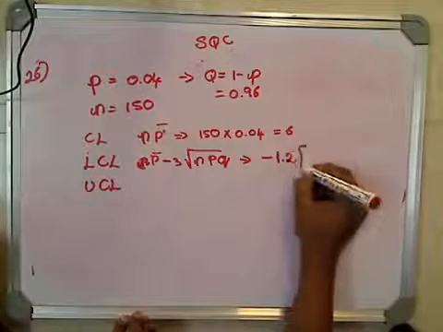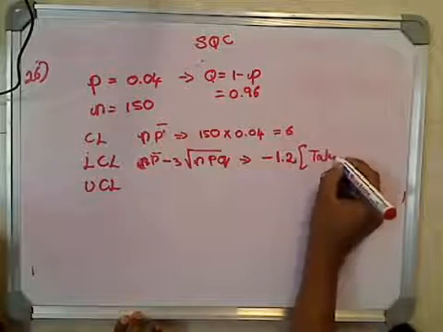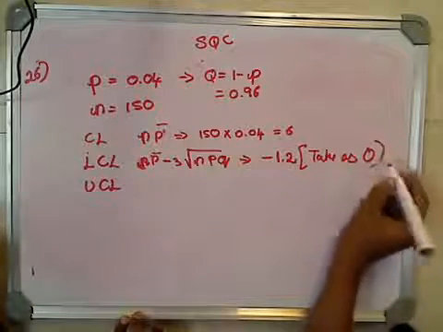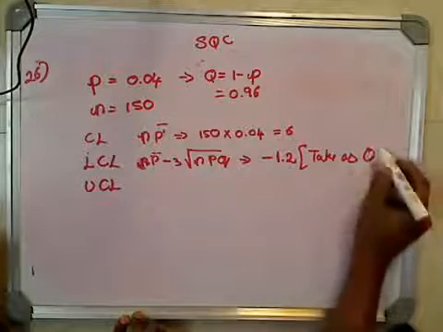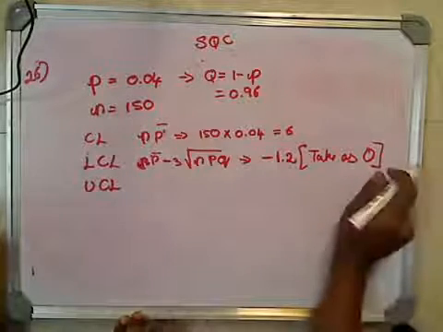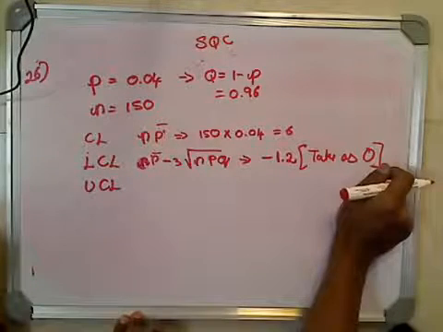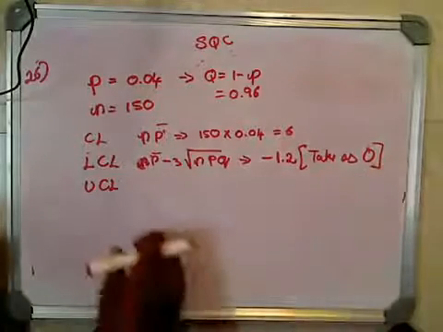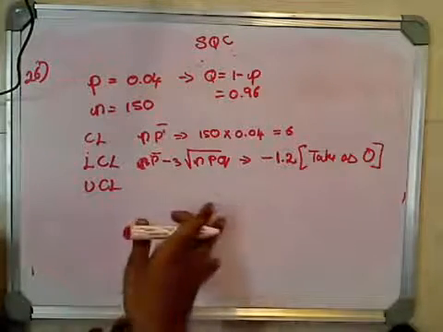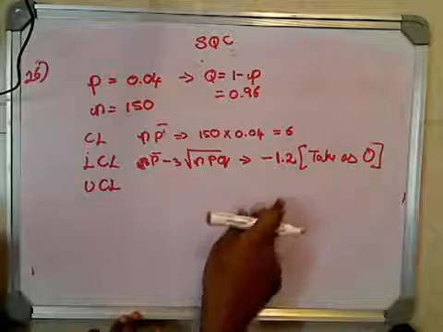Now when you have a negative value, you end up taking it as 0, because it's not really possible to get negative defects on something. You can't really say that the number of defectives here is minus 1.2. So rather than that, you take it as 0.